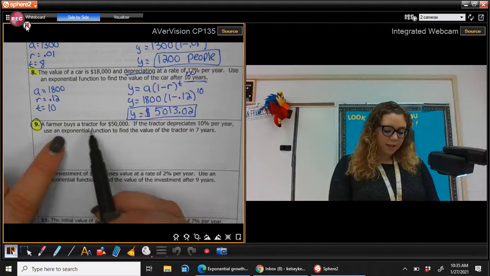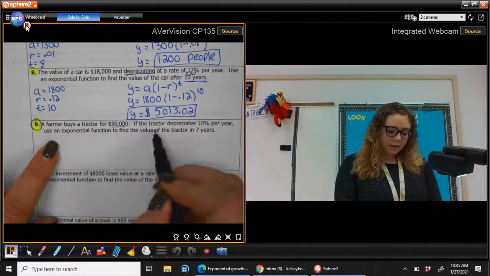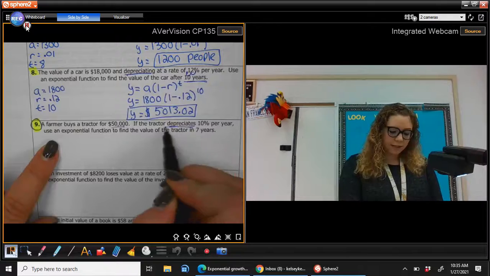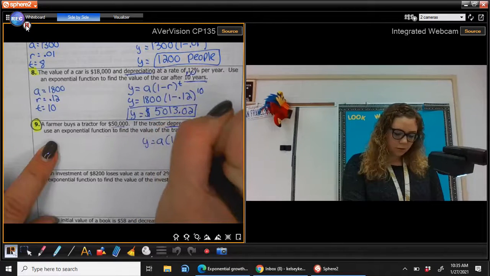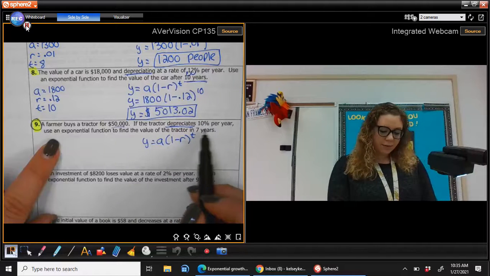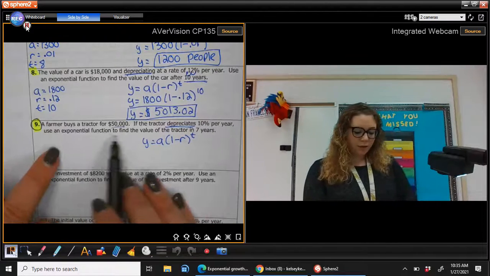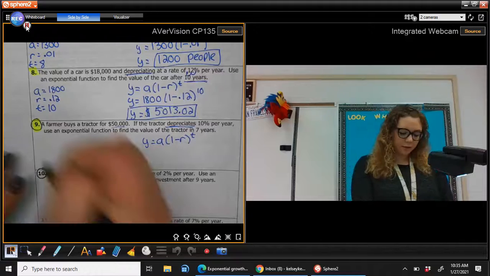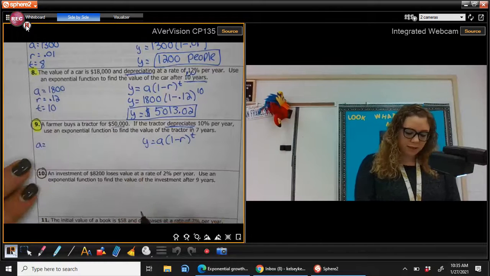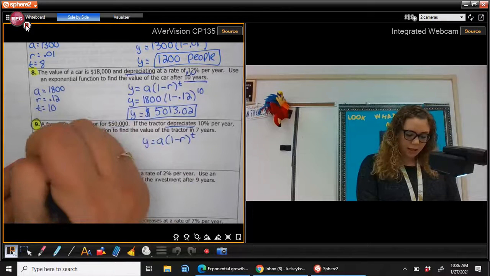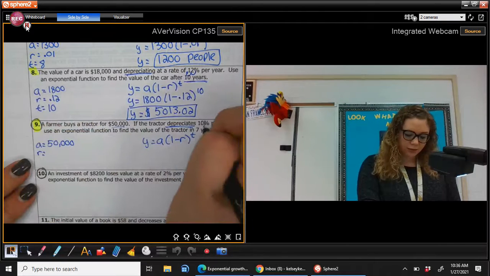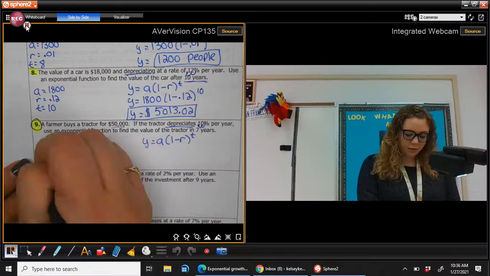So a farmer buys a tractor for $50,000. If the tractor depreciates, I'm going to use my decay formula, at 10% per year. Use an exponential function to find the value of the tractor in 7 years. So my initial amount is going to be 50,000. My decay rate is going to be, move it 2 times, 0.10.